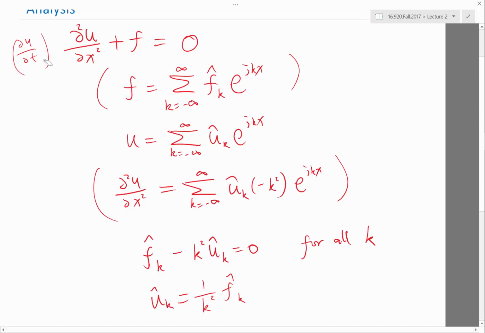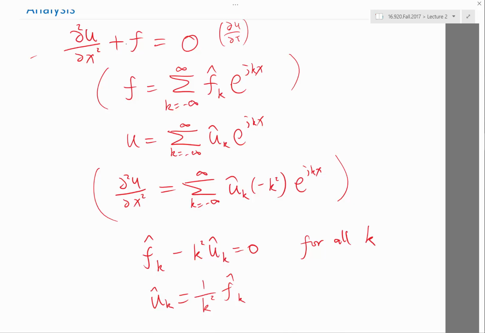So instead of this being equal to 0, you set this to a time derivative, partial u partial t, and if you have this time derivative, you evolve that equation to infinity. You solve that equation to infinity, and instead of having no source term, you have a source term. So you have a function that keeps adding heat into the equation, keeps adding to the solution as time evolves.